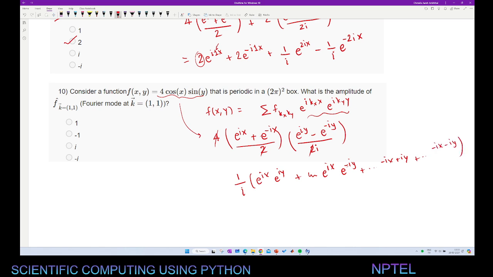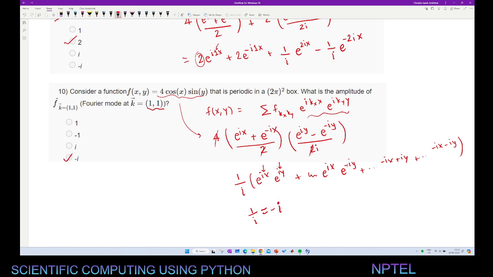But we are asked at 1, 1, which means this one. So what's the amplitude? That is going to be 1 by i. So what is the correct answer? Minus i. Yes, minus. Yes, Dipankar, 1 by i is minus i.